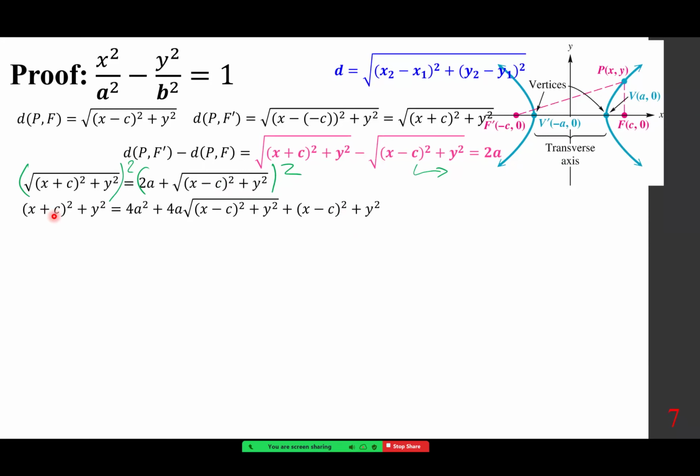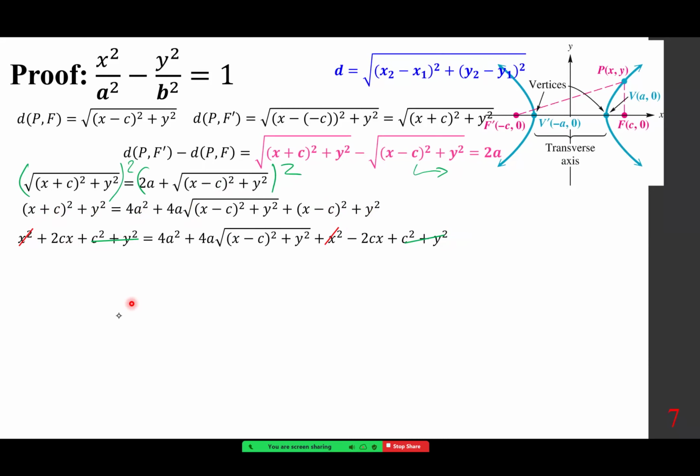So this simply becomes x squared plus 2cx plus c squared plus y squared. This doesn't change. This becomes x squared minus 2cx plus c squared, and this is just y squared. Now, we look at both sides. We notice we have x squared identical, so we don't have to move them. We just get rid of both. We see both sides have c squared and y squared identical.